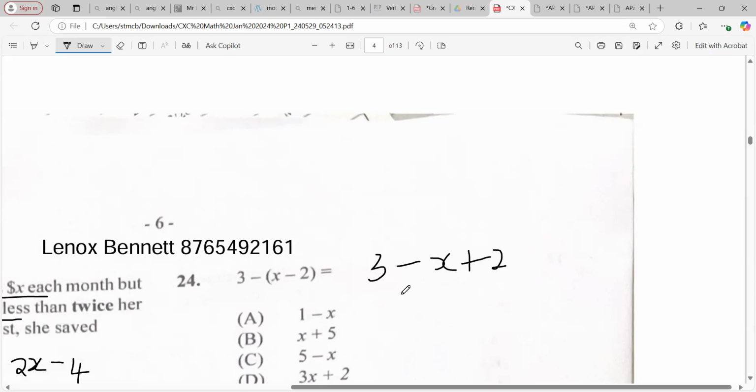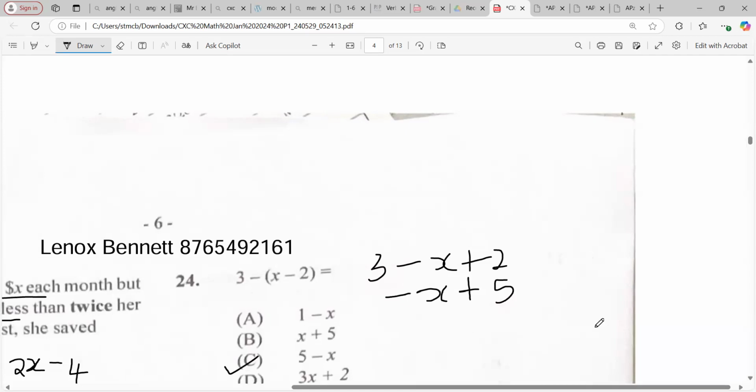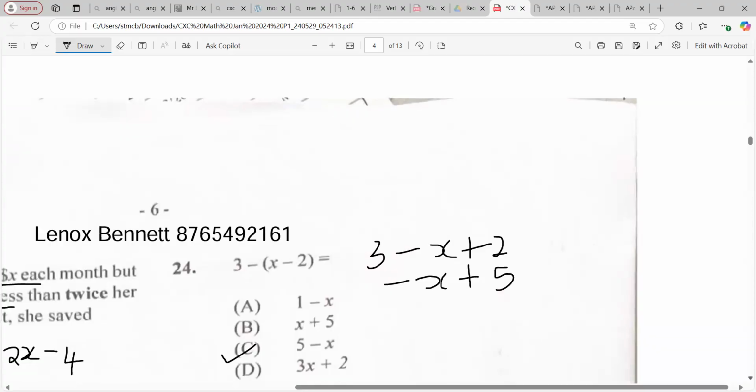So that would be negative x. The 3 and the 2 add up to give us plus 5. So it would have been this, C, because it's supposed to be minus x. They basically turned it around. Still the same answer, all right?